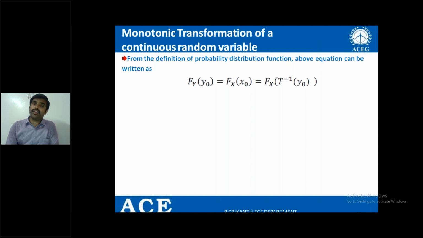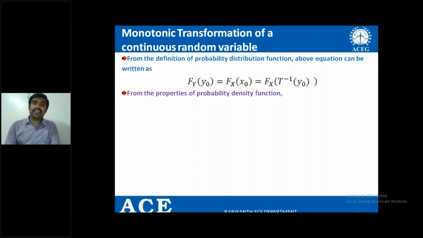Right? F_y of y naught, that is the distribution function value of the new random variable at y naught, is equal to F_x of x naught, that is the distribution function value of x at x equal to x naught, right?